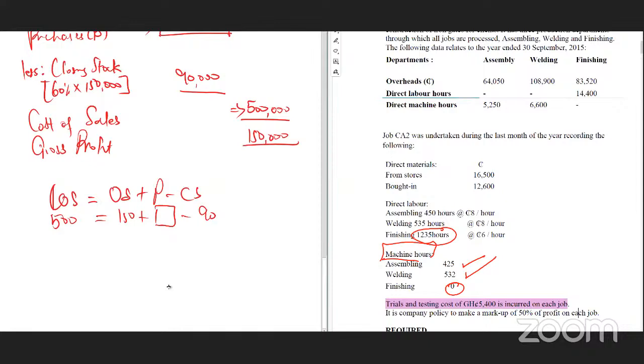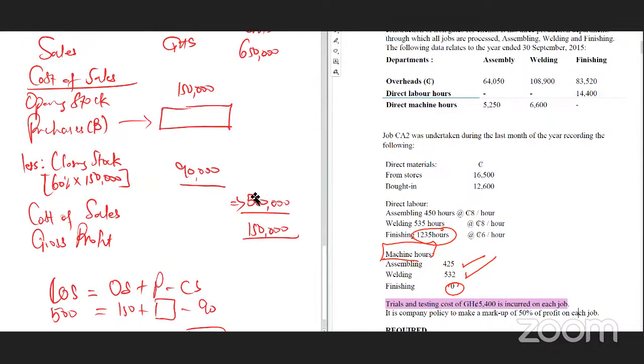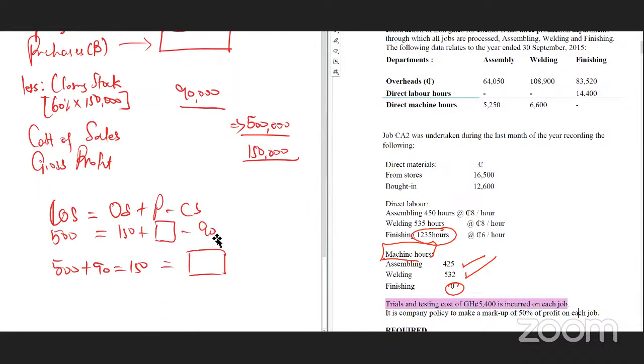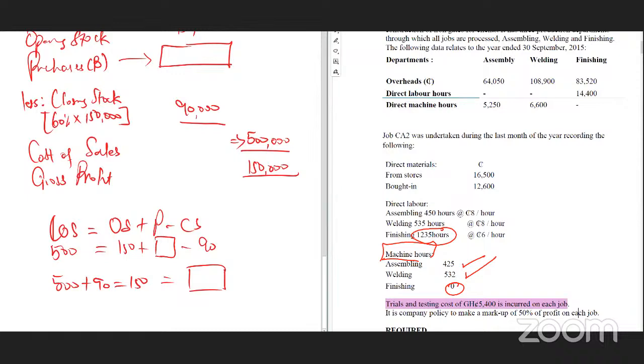If box is left alone, you have 500 plus 90 minus 150, right? Giving us this box. True or false? If you are working back, it means that you are taking this 500, adding back what you deducted and deducting what you added. So it means that 500 plus 90 minus 150. Do you understand?